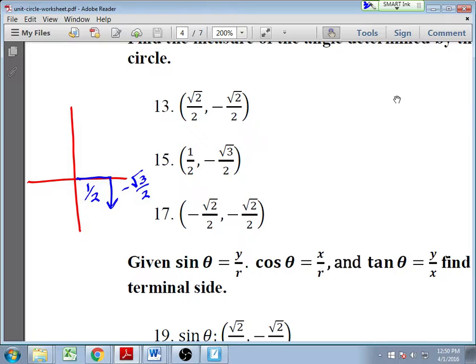So if I'm looking for theta, put my 1/2 up here. So we're looking for theta there. We're going to need to use some trig. Which is easier to work with? The opposite side to my theta or the adjacent side to my theta? Why is adjacent easier to work with? Yeah, half is way easier than radical 3 over 2. So if I want to use adjacent and hypotenuse, what trig function?